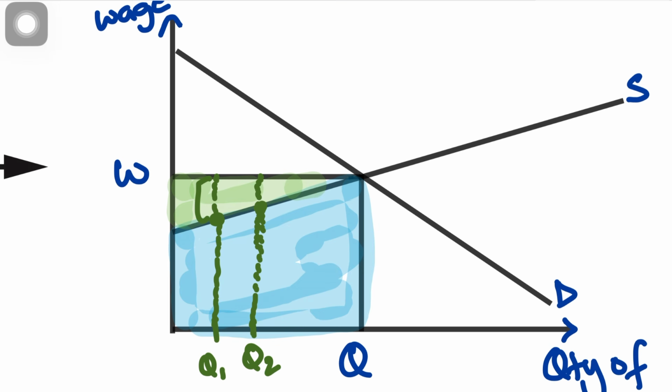So again, this is economic rent. All these vertical distances up to the equilibrium quantity represent economic rent, which is simply surplus income above your transfer earnings. That's why we say the shaded area represents economic rent.